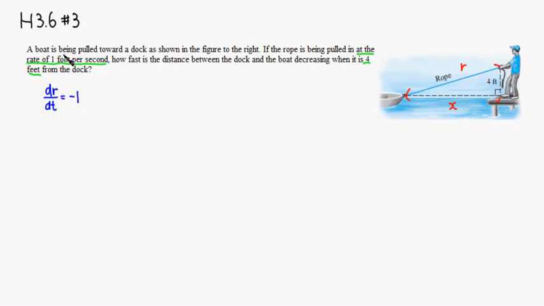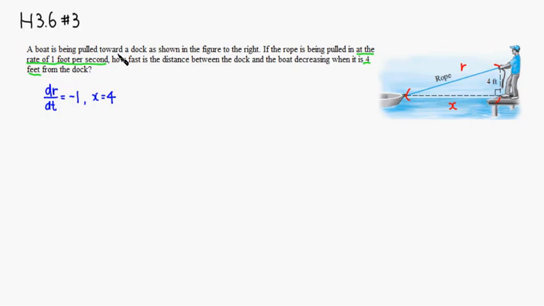And at this point the distance between the boat and the dock is 4 feet, so x is equal to 4. And then we want to find r.